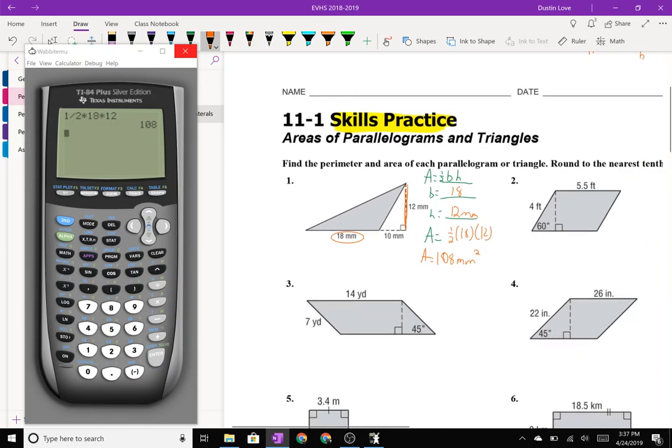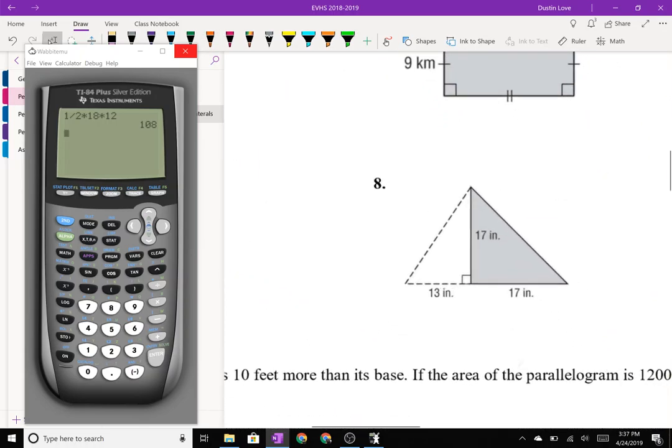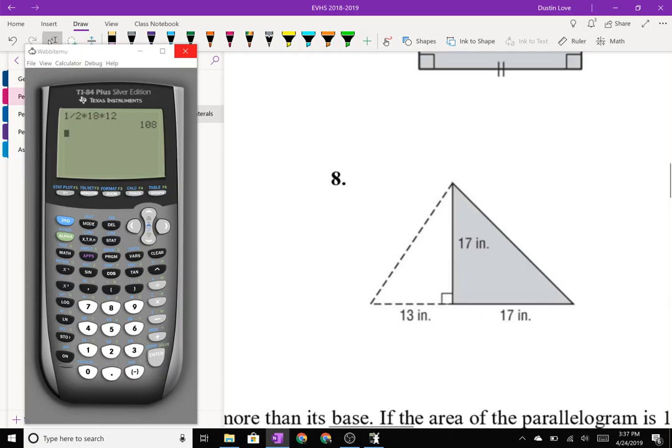Okay, so let's do another triangle down here. On this one, I'm only worrying about the shaded area. So the only thing that matters on this one is going to be this is my base and then this as the height. So let's do the formula. Area equals 1/2 base times height.